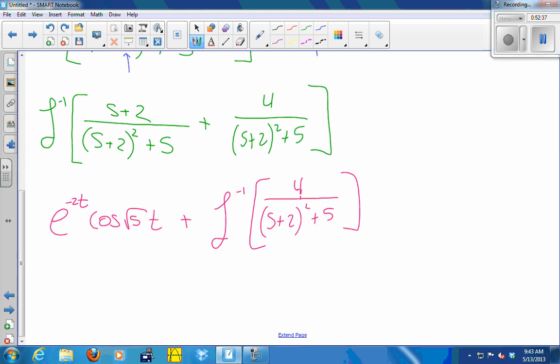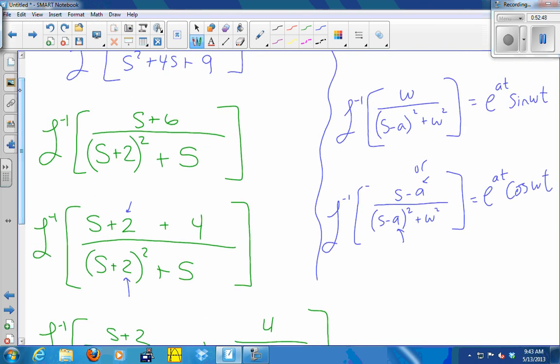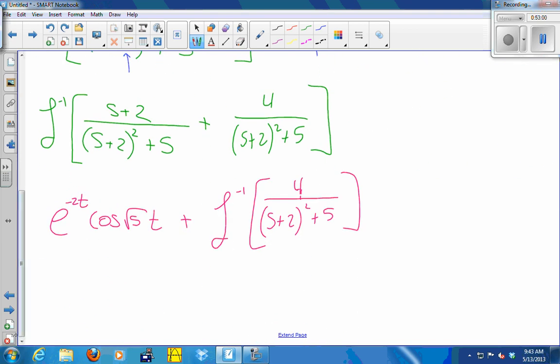But if that constant were a square root 5 instead of a 4, it would look just like the sine in this one. Because if that's a 5, omega squared is 5. If my numerator were a square root 5, it would look just like this. So I'm going to try to do something to make that numerator a square root 5 instead of a 4.